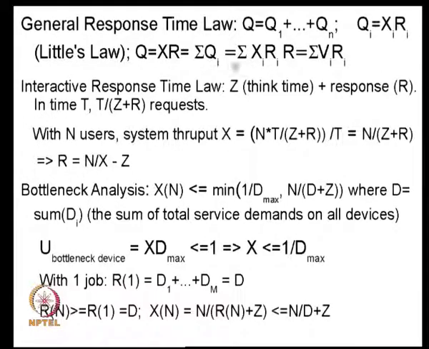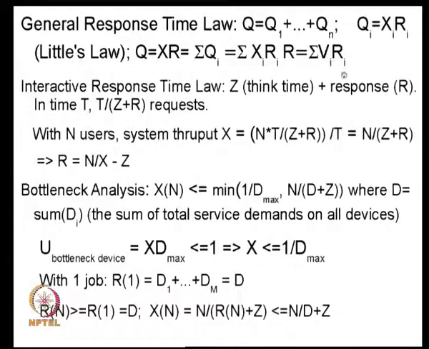Okay, so again we are using Little's law one more time, and so basically you look at R into the sum of Xi, and this R into Xi becomes the number of visits. So essentially you will find that Q is equal to the sum of Vi Ri.